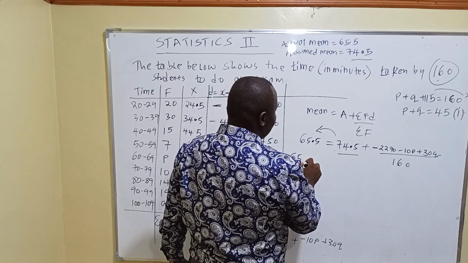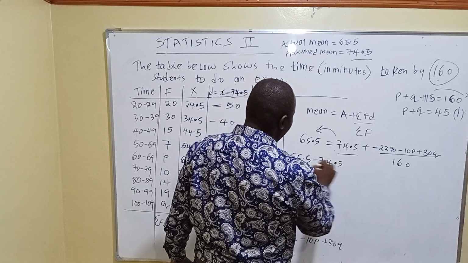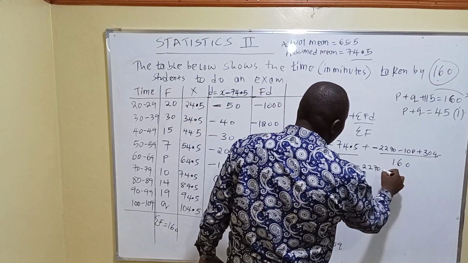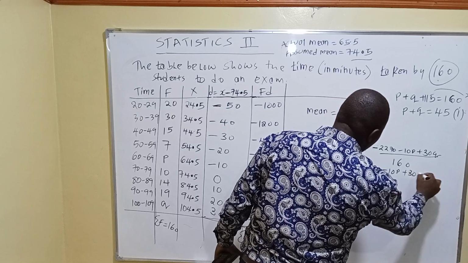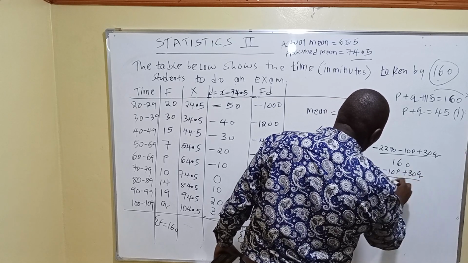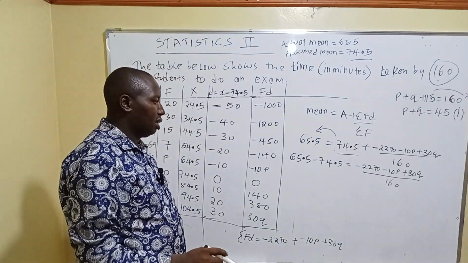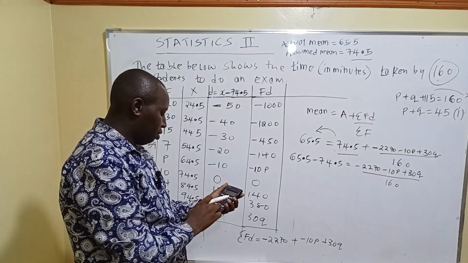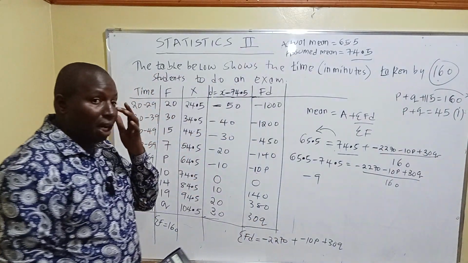You get 65.5 minus 74.5 is equal to minus 2270 minus 10P plus 30Q, all over 160. So 65.5 minus 74.5 becomes negative 9.